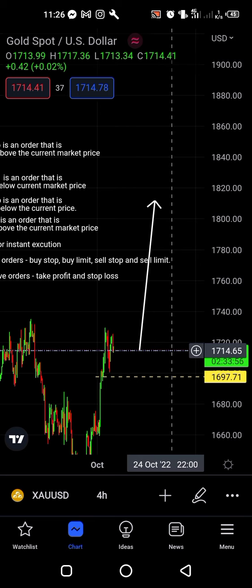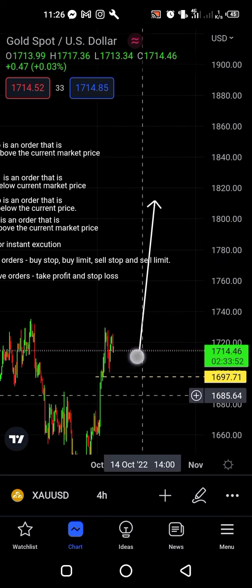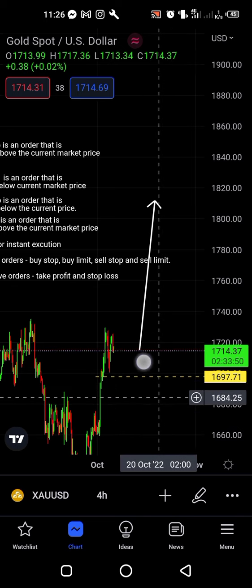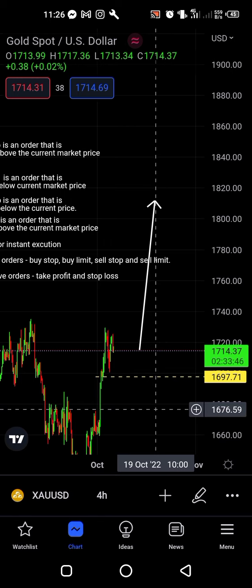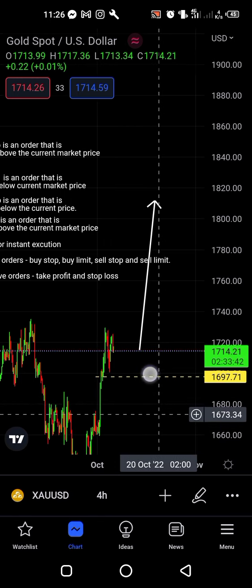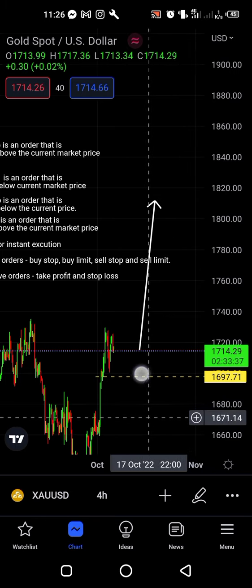So what happens is, you expected the price to go up, but then price decided to come down. What you're saying is, if it gets to this level, I do not want to be in the market anymore. The market should take me out. So it takes you out. Since you've calculated your stop loss and it's equal to $10 or $20, it takes you out in a loss of $10 to $20.